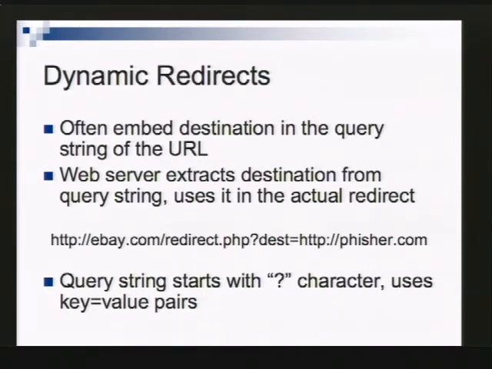There will be a question mark, there will be a destination, and there will be your search terms with pluses, and those are all query parameters. That's the way in HTML to specify a query. And a dynamic redirect makes use of the query parameters in a URL.